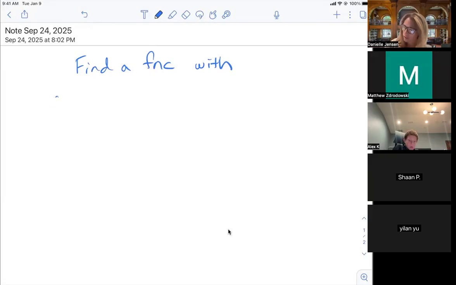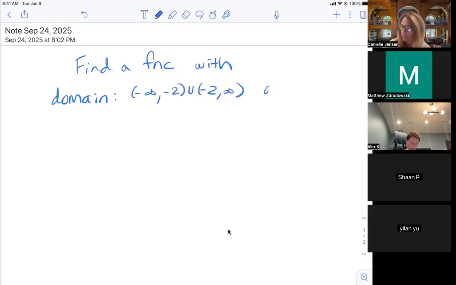So with domain negative infinity to -2, union -2 to infinity, and range... This one's maybe a little bit too challenging, but I feel like you guys can do this.